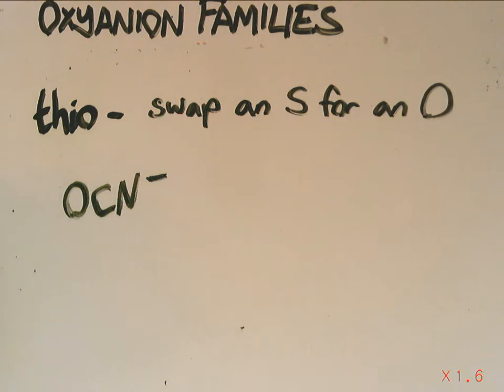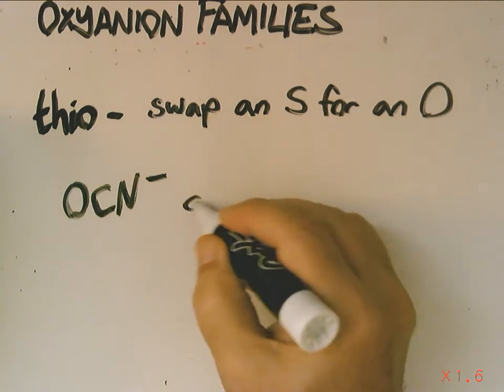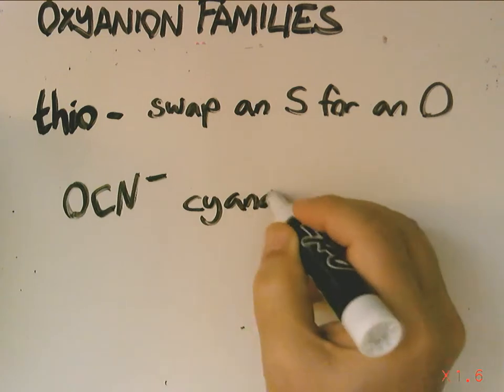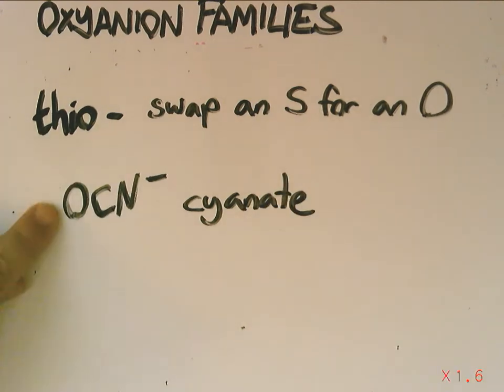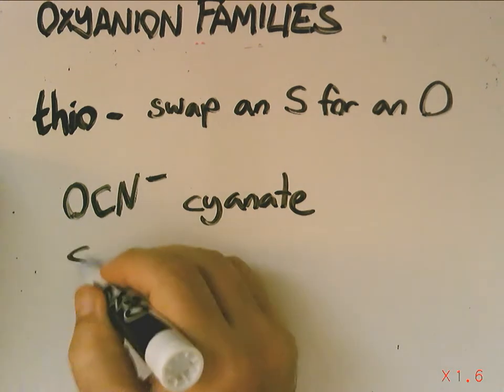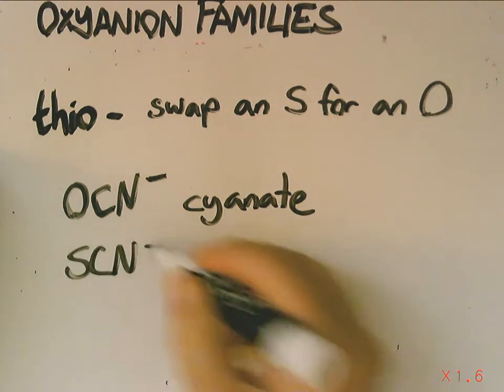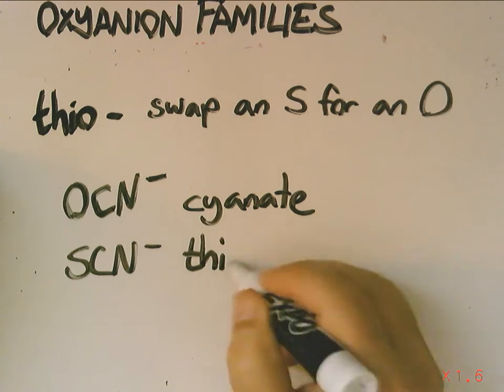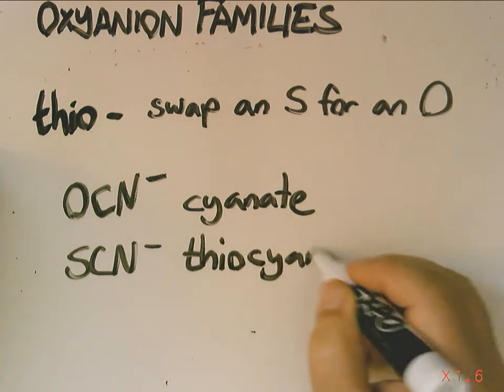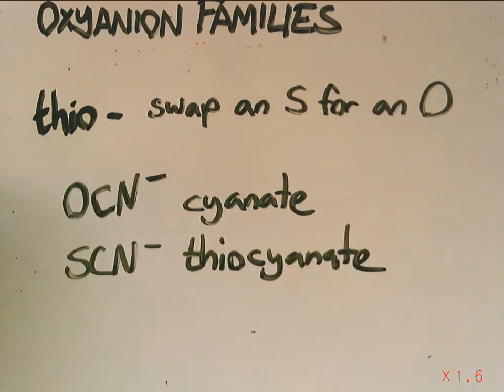It's an ATE ion. You should know this one. So if you've learned your ion table, you can rattle off that it's cyanate. Now it's possible for you to take the O off and put an S there instead. And then you have thiocyanate. Okay? Let's do another one like that with thio.